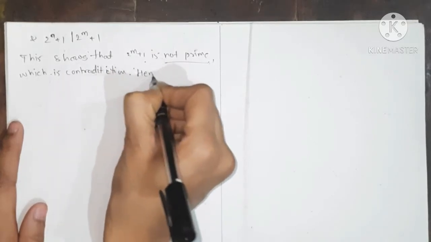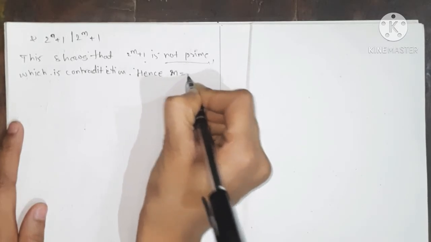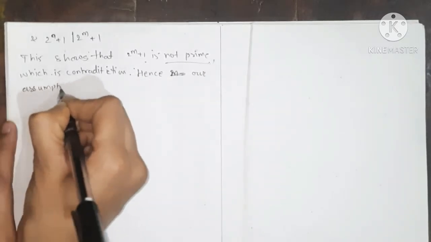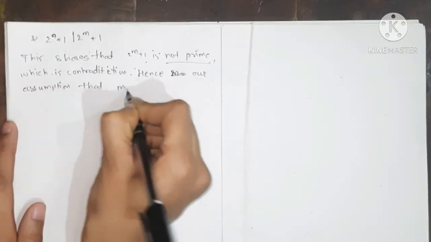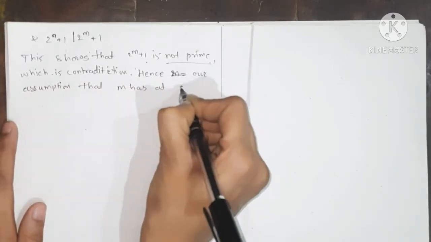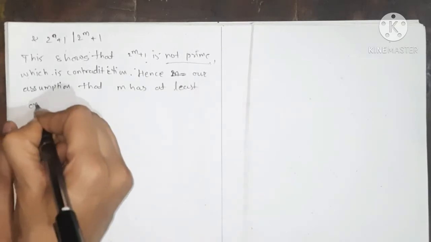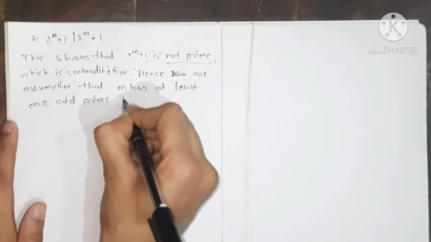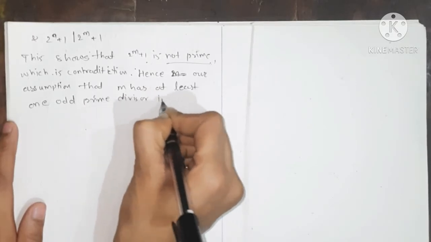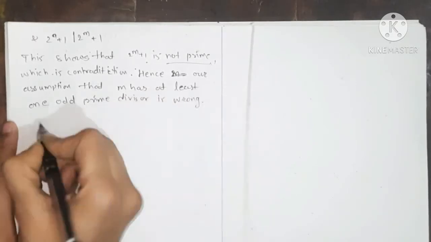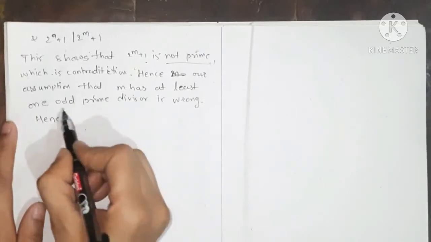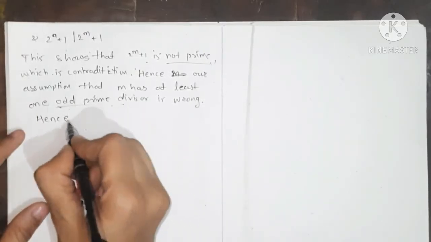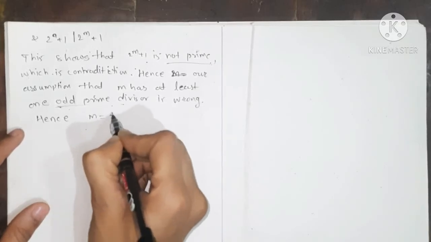And hence our assumption that m has at least one odd prime divisor is wrong, and hence it has no prime divisor which is odd, and therefore m is equal to a power of 2.